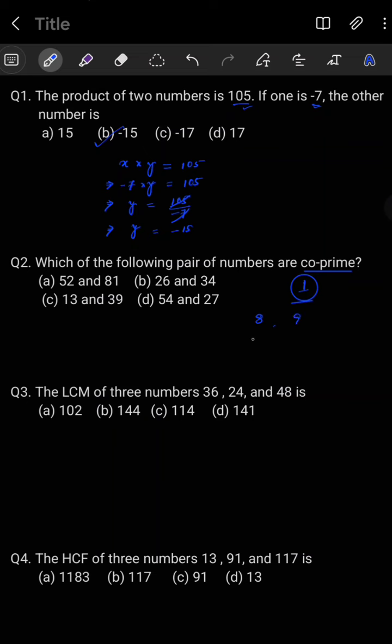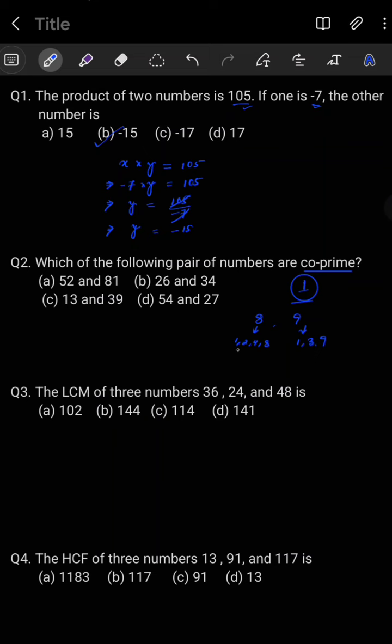If I ask you what are the factors of 8, then you will say it is 1, 2, 4 and 8. Then for 9, the factors of 9 are 1, 3 and 9.